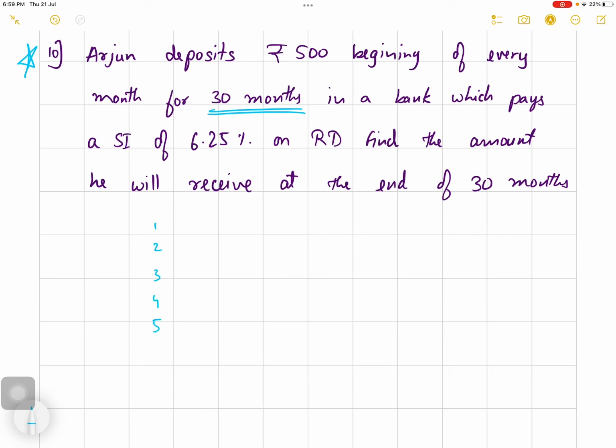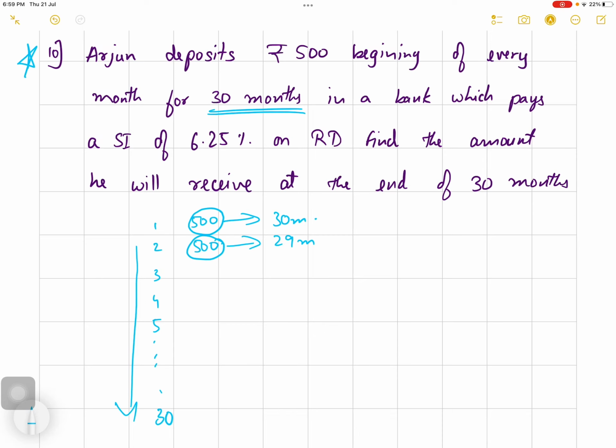In the first month he will deposit 500, and this 500 is invested for all the months till 30. So you will get interest on this 500 for all 30 months. Then the second deposit is 500. He will deposit 500 again in the second month, and this will be invested for 29 months.